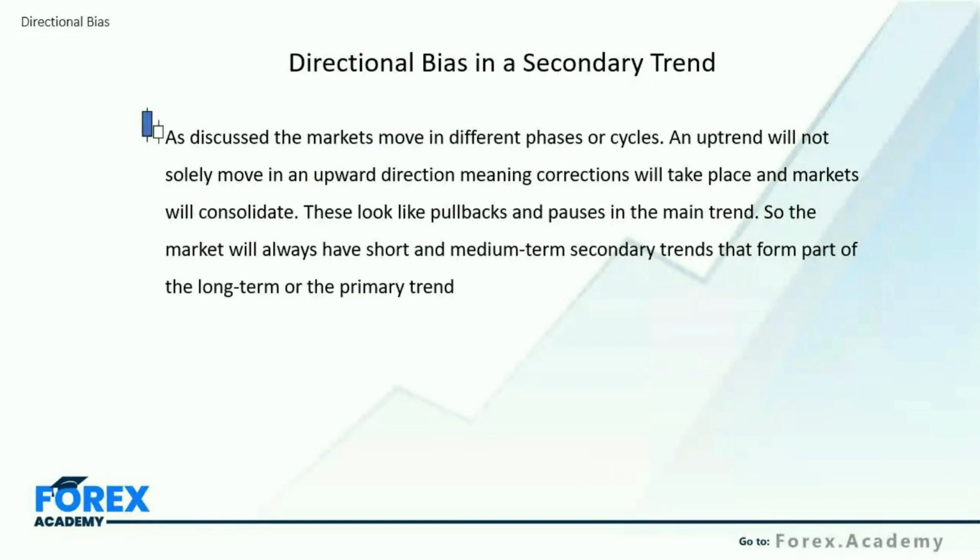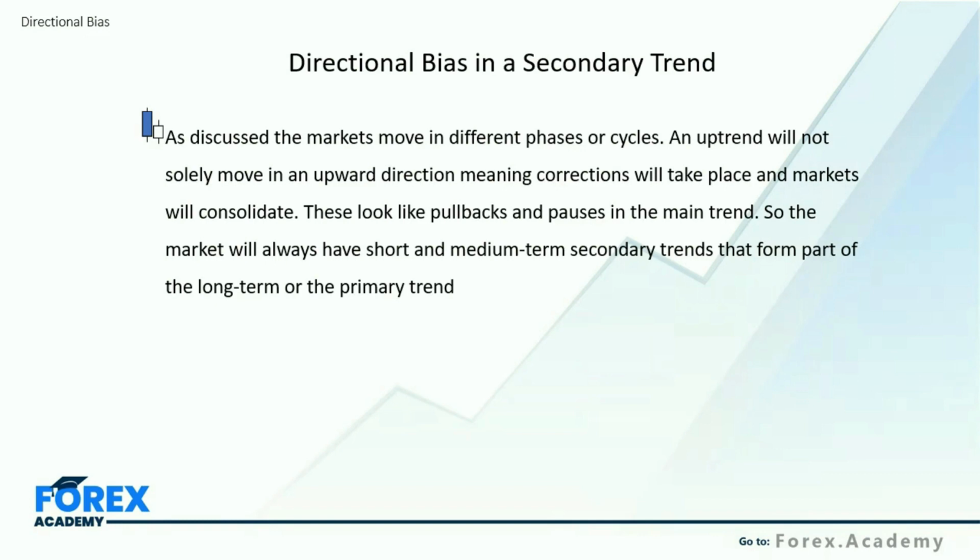And what you can often experience is consolidated markets at the end of a trend, or even at the beginning of a trend. All trends originate from consolidation. So when you think of it like that, it's important to look for consolidation when you trade these markets. These look like pullbacks and pauses in the main trend.